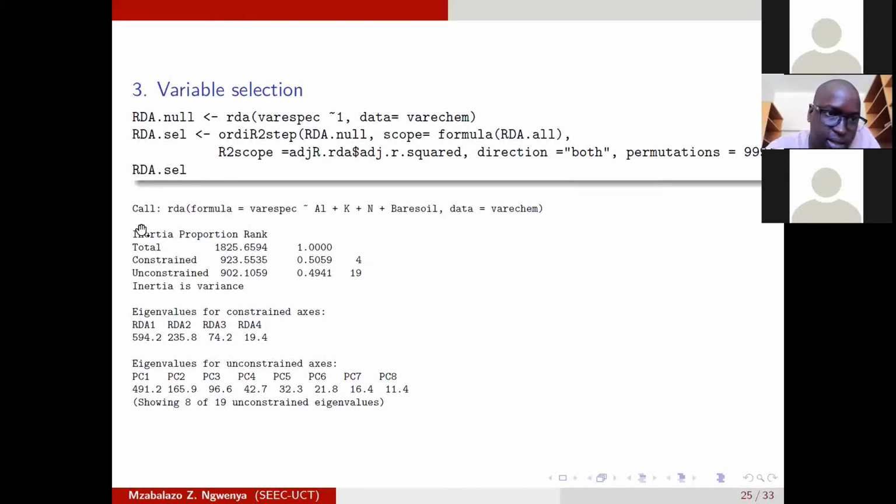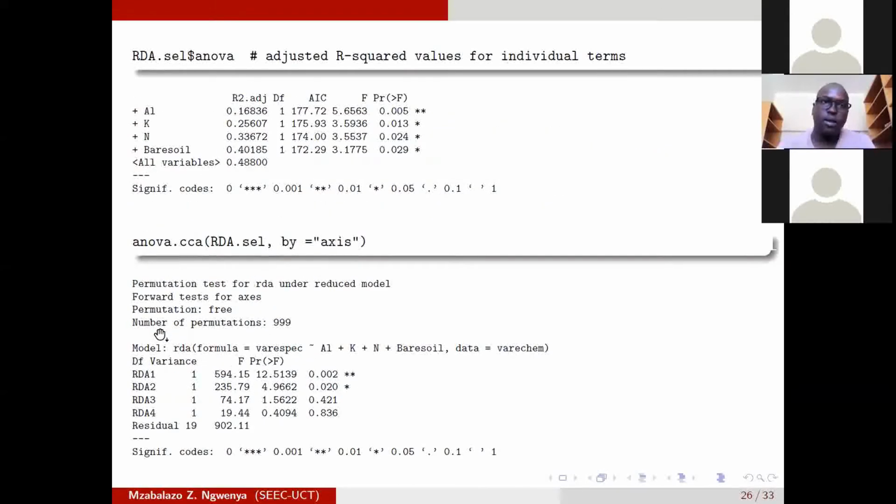And we get the same information as we did before: the inertia, our eigenvalues for the different axes, our constrained and unconstrained axes. So it seems like the model with aluminum, potassium, nitrogen, and best soil is the best model. Let's test the individual terms in our model to see if they're actually significant. We want them to be.